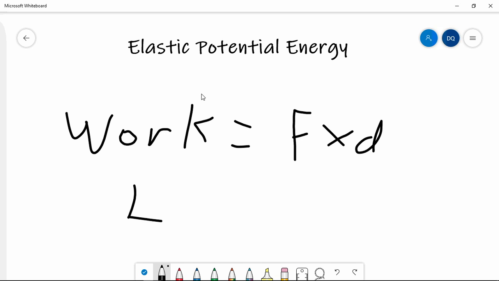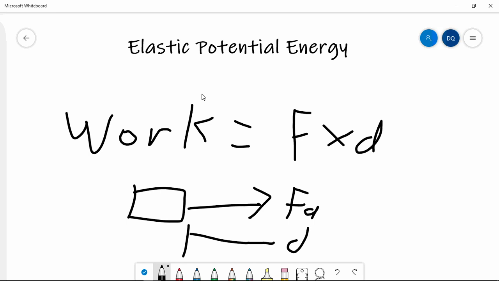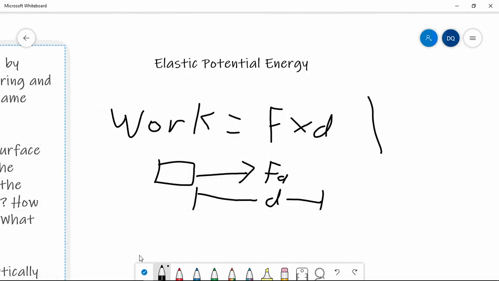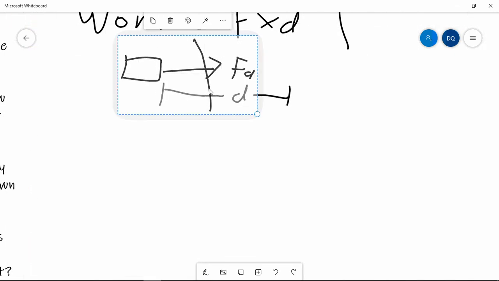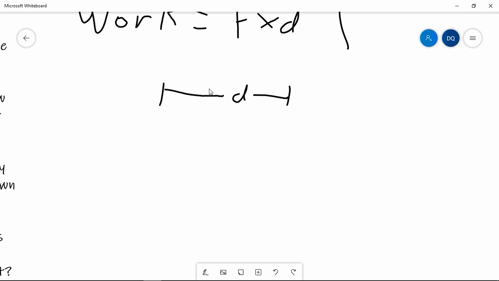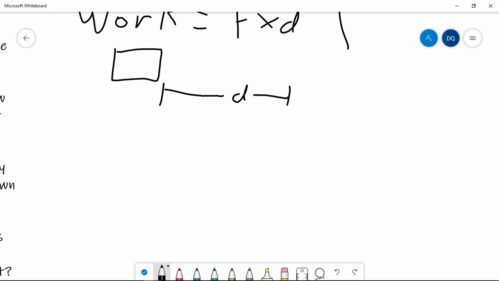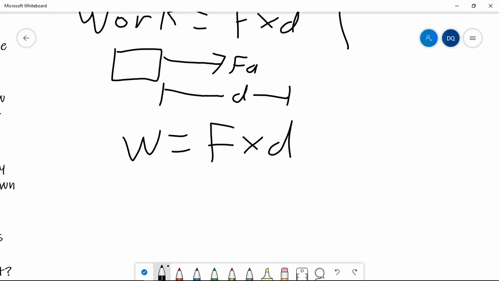And this is all well and good if you have, say, a block, and you exert some applied force F_A over some distance D. So you have a block and you want to apply a force F_A and move it a distance D. Then the work that you've done is equal to that force multiplied by the distance.